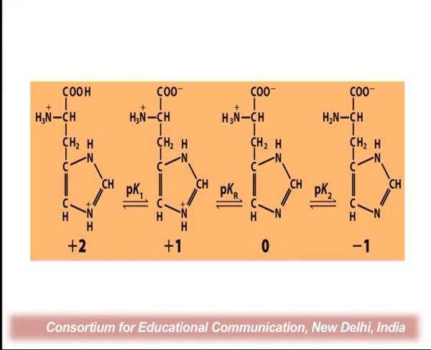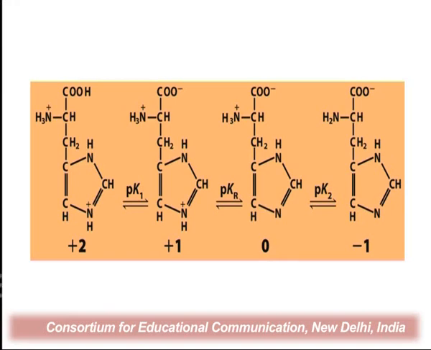When we are thinking of a species in a highly acidic medium, all the groups will be protonated. So the COO minus group will also be protonated and will be present as a COOH group. Then we have a primary alpha amino group which is present as an ammonium ion, and then we have an amino group in the side chain, but this is a secondary amino group here.